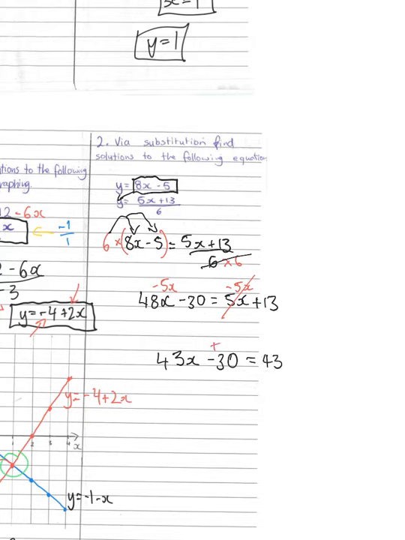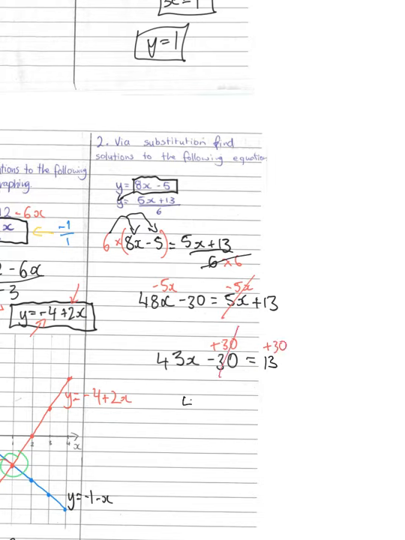Okay, then we're going to add the 30. Oh, sorry, it's not 43 yet. I've got a step ahead. Let me get the rubber out. It was meant to be 13, but if I add the 30, we get to 43, but I'll go back. Sorry, it was 13. Okay, add the 30.